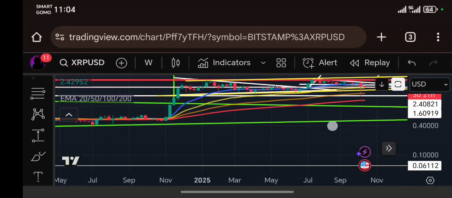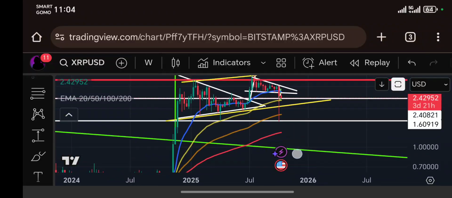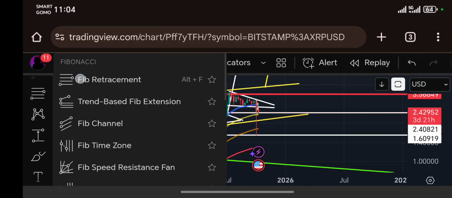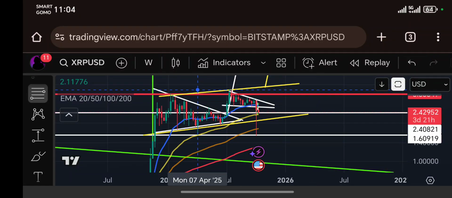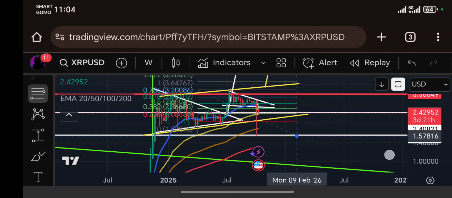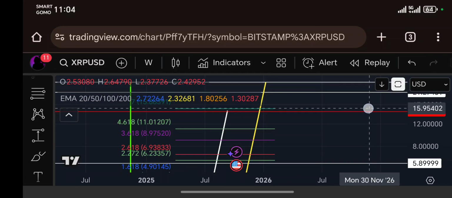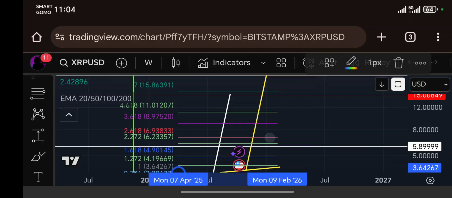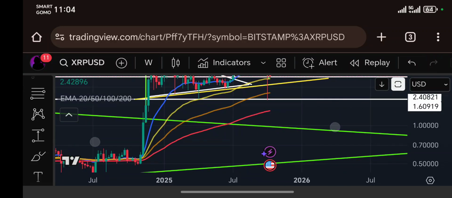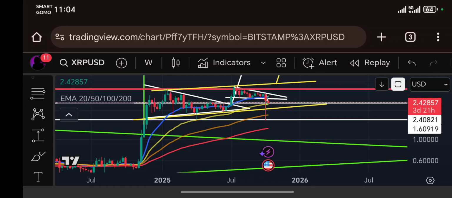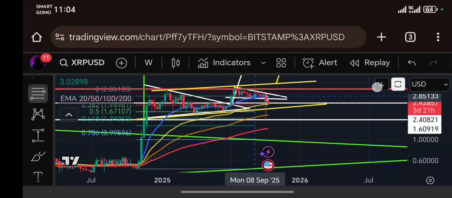Okay, so now therefore we use the same Fibonacci from this top to this low. We're going to get this $15 mark, right? Your 15.7 US dollar mark. And then before that, look at this, from this low now to this top.